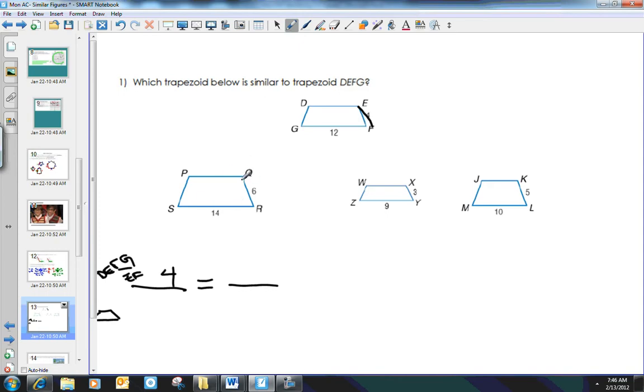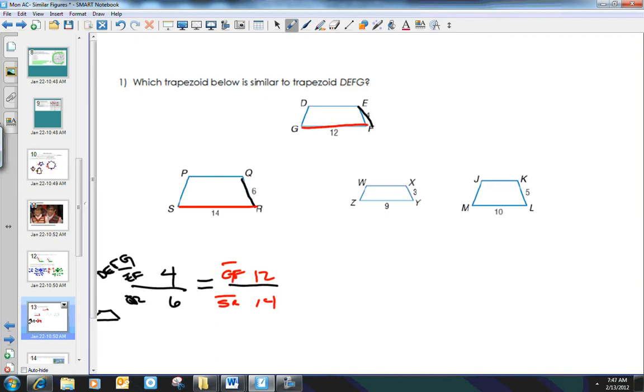And for this first trapezoid down here, our matching side is QR, which is 6. Does that equal GF here, which is 12? And SR is the corresponding side of this other trapezoid, which is 14.